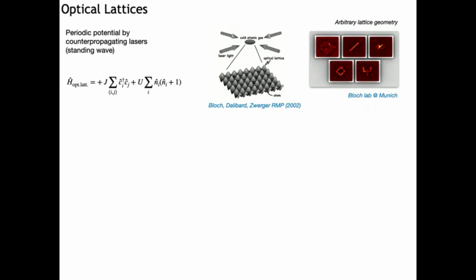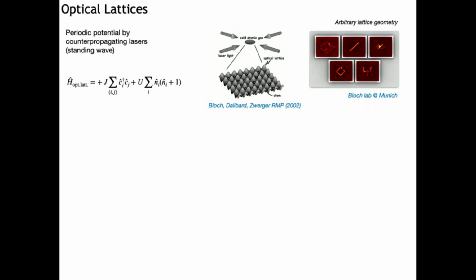And then we have interaction terms that originate from the native interatomic interactions, that can also be tuned by other experimental tricks. So basically, we have a so-called Hubbard model or Hubbard Hamiltonian, which can be a Bose-Hubbard or a Fermi-Hubbard, depending on whether your atoms are fermionic or bosonic.